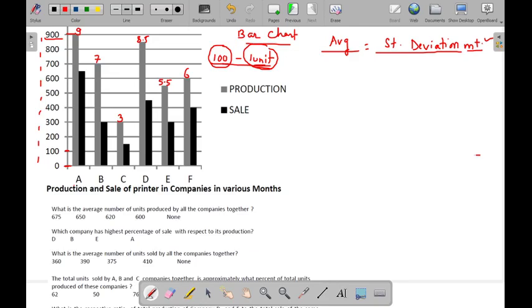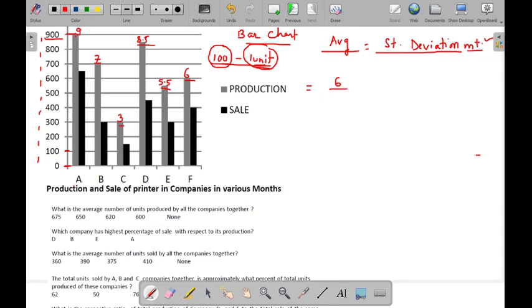Let us assume the average of all these values 9, 7, 3, 8.5, 5.5 and 6. You have these different values. So the average of all of them is 6.